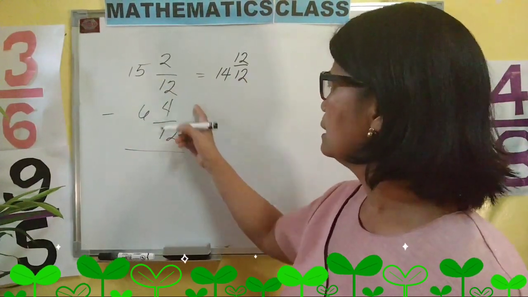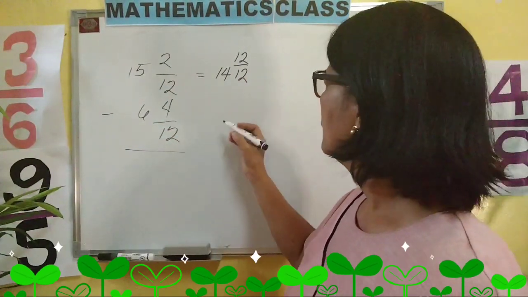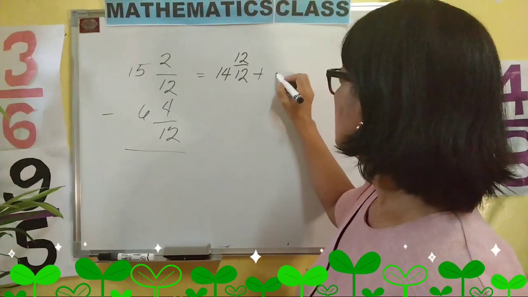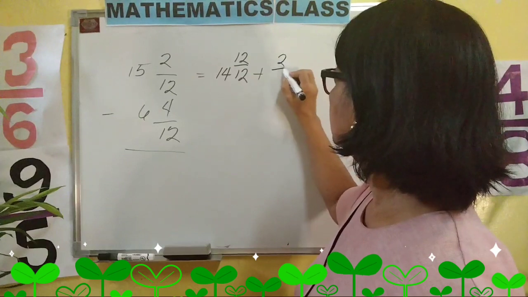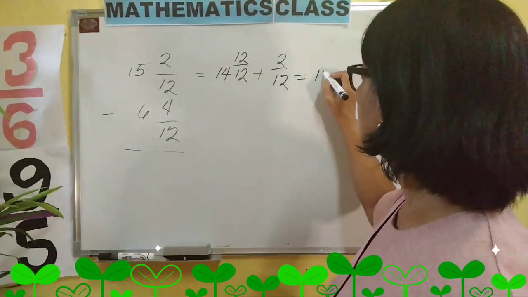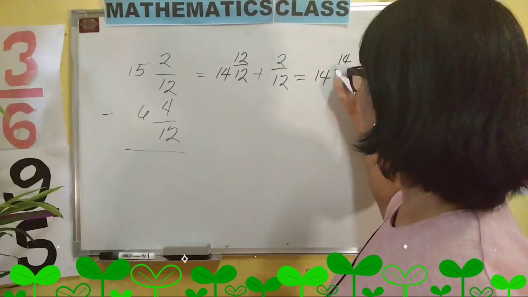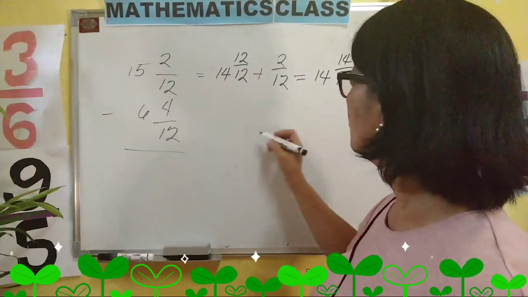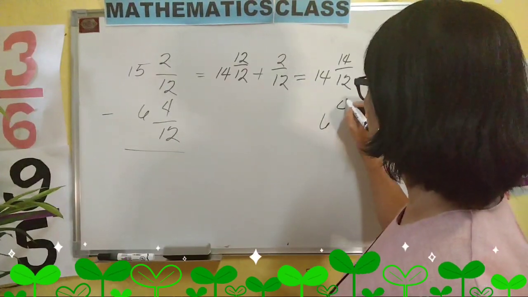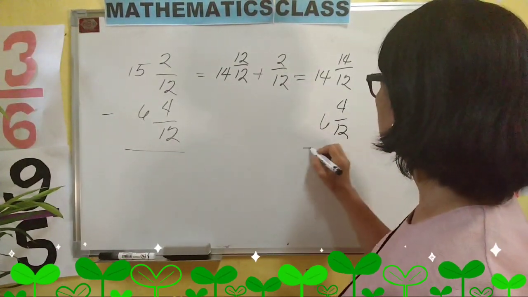We need to use the denominator of 12. Plus 2/12. There it is. Equals 14 and 14/12. Then minus 6 and 4/12.